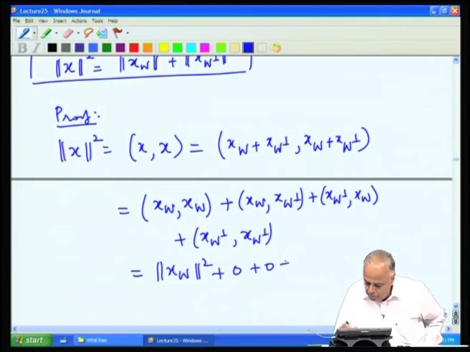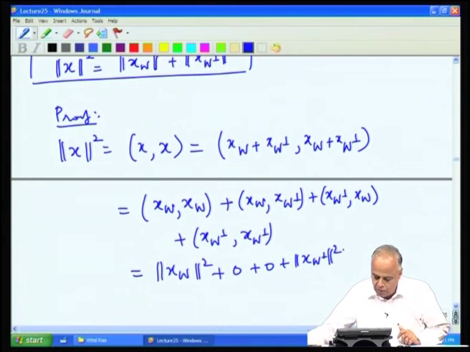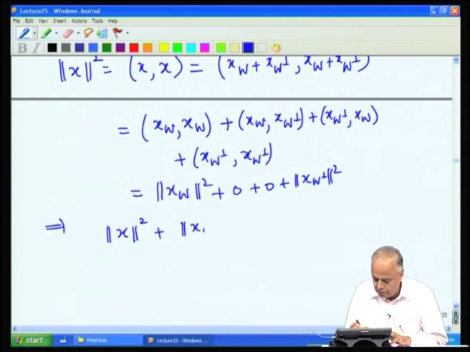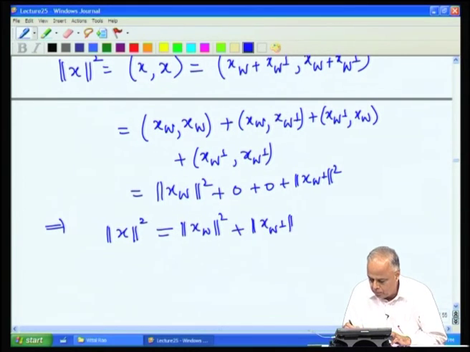So, that is 0, and that gives me the length of x_W perp squared, and hence we get the Pythagoras theorem: the length of x squared is equal to the length of x_W squared plus the length of x_W perp squared.